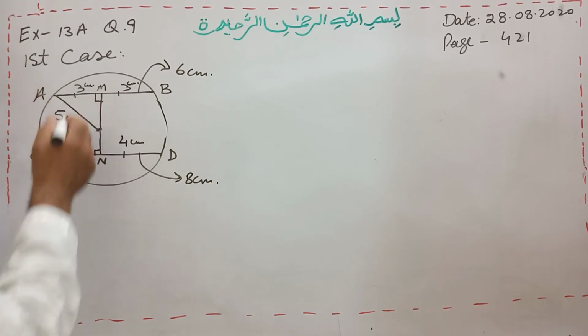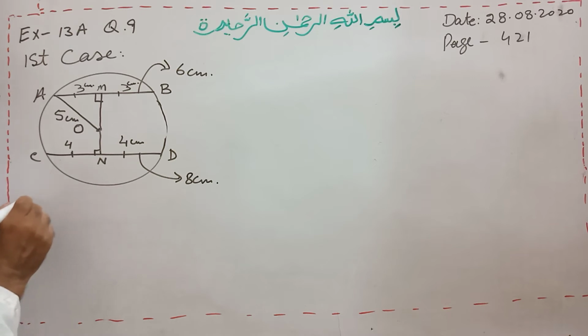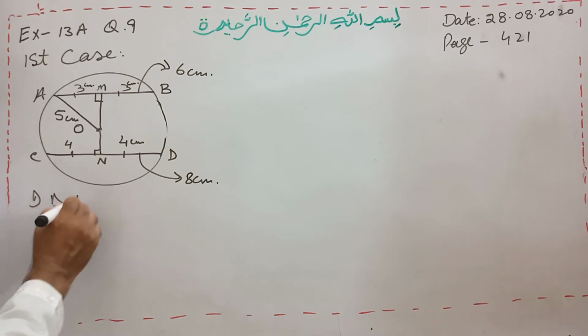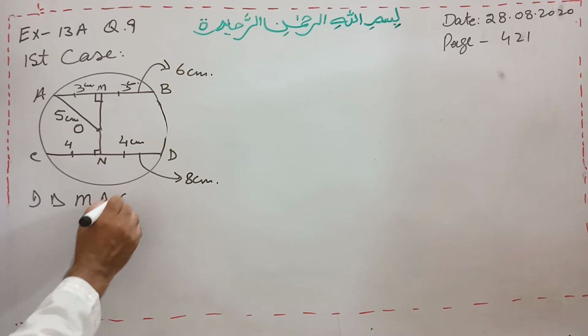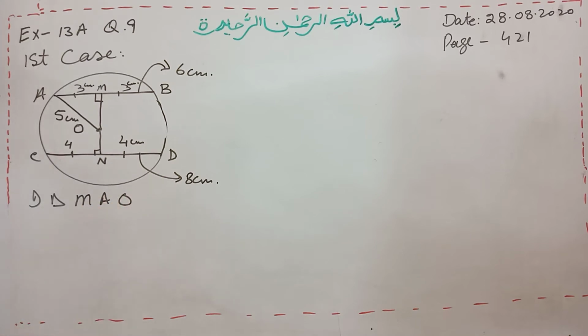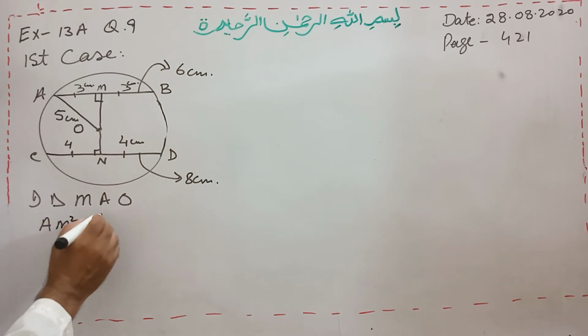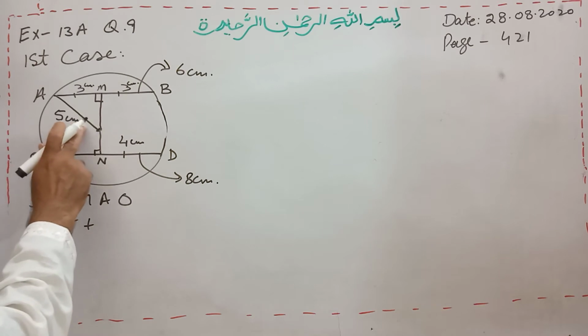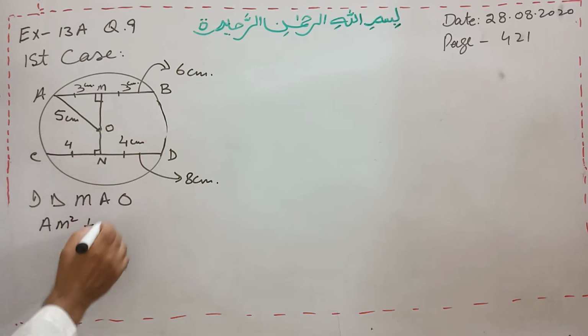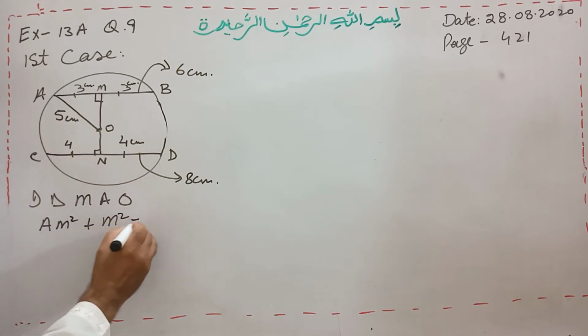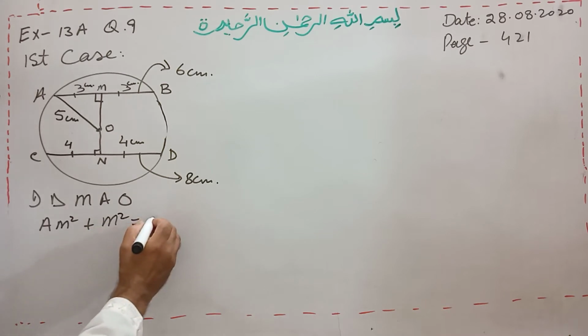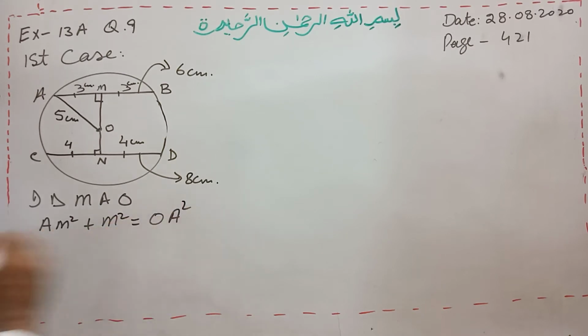In triangle MAO, AM square plus OM square is equal to 5 square, OA square, which is the hypotenuse.